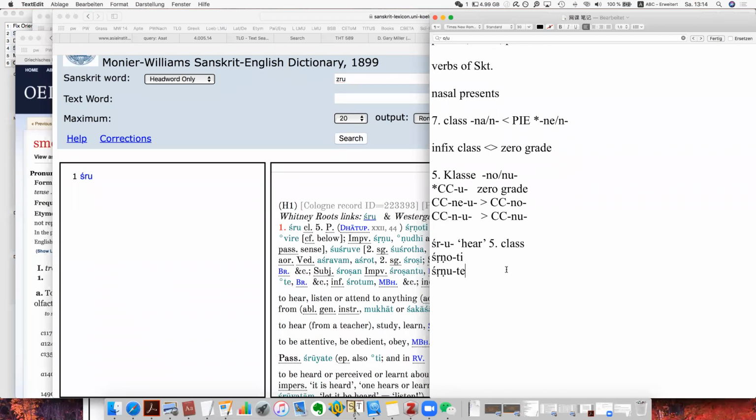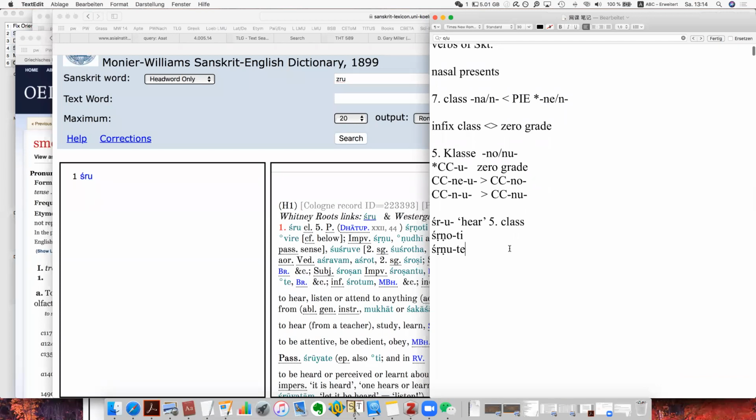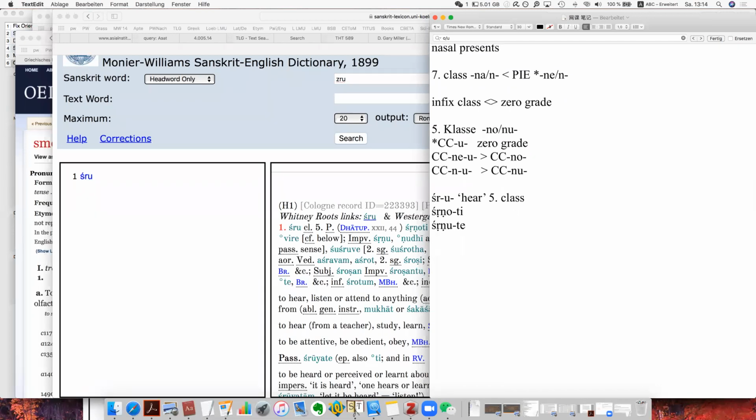Okay. So this is one of the topics today, and another topic we're going to talk about is the laryngeal again. This is very important for Indo-European linguists.